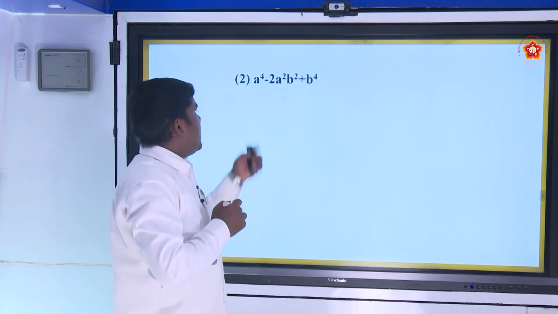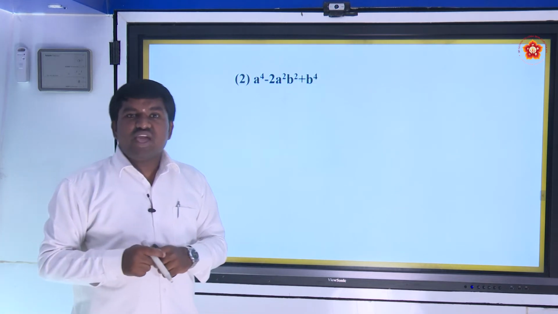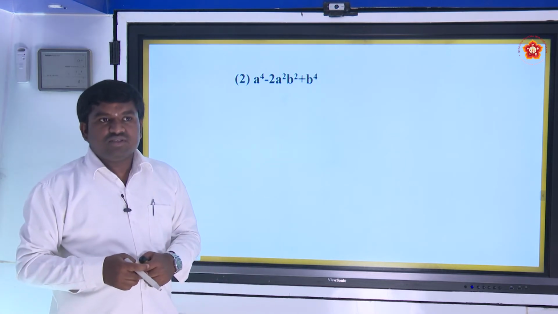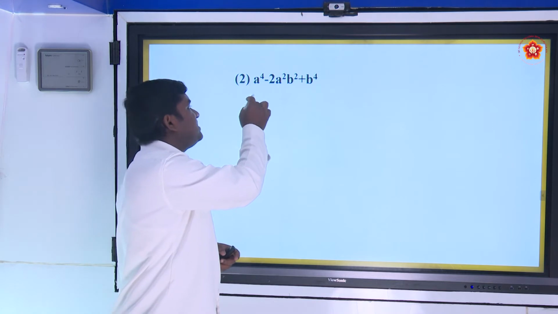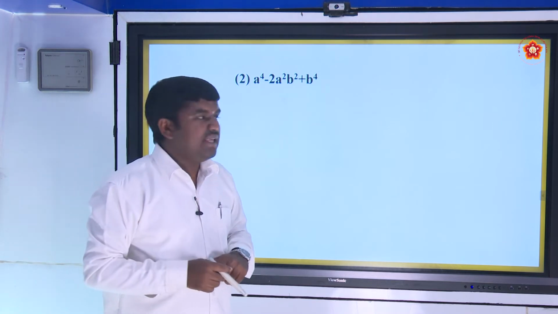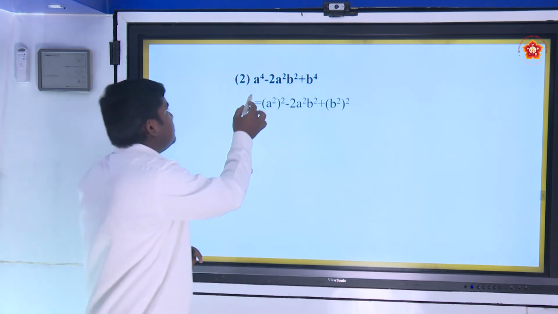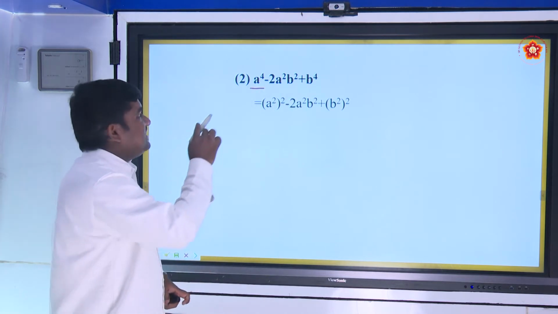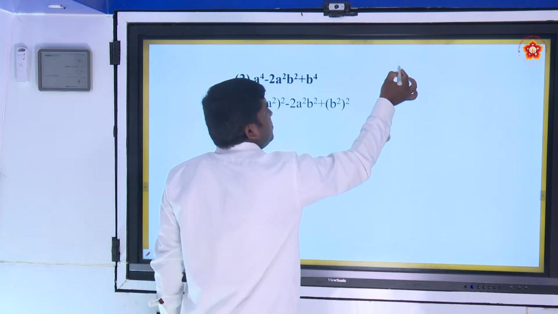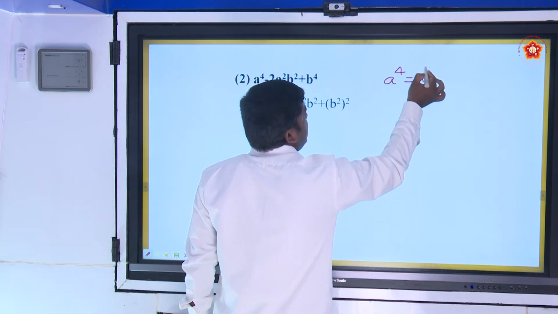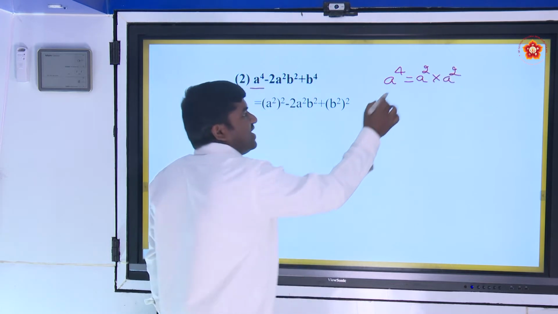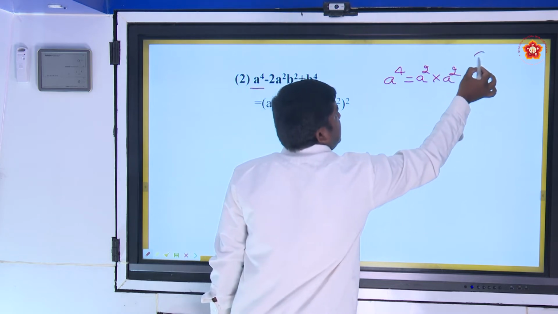Next, second one, a power 4 minus 2a square b square plus b power 4. So it looks like a square minus 2ab plus b square form. So a power 4 can be written as a square into a square. A into a is a square, you know.